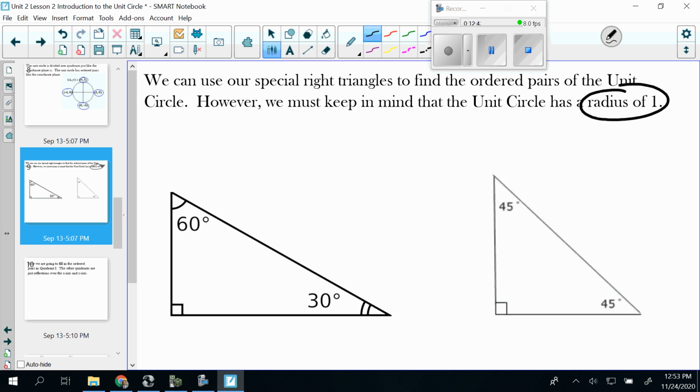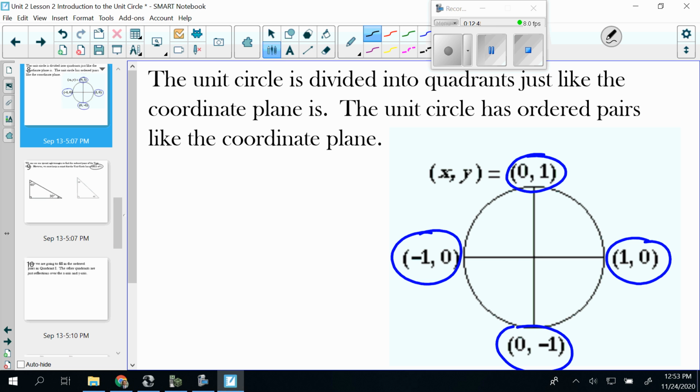And so if I were to draw, say, a 30, 60, 90 triangle in here, so there's my 30, there's my 90, this would then be 60. The radius is 1, and so my hypotenuse of this triangle is going to be 1. So that should allow me then to come up with the other sides of the triangle.